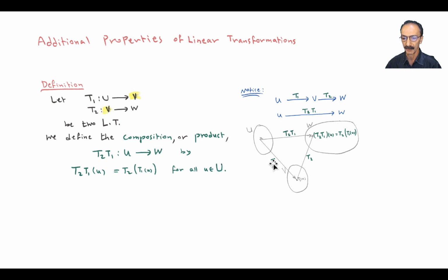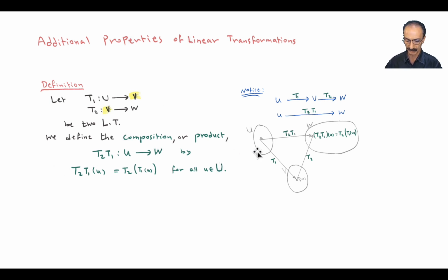Through T1, they're going to go to T1 of u. If you take this as an input and you apply the second transformation T2, we get T2 of T1 of u, which is the product T2 T1 of u. Notice right here, you could call it a shortcut. We're going directly from U to W, and it's called T2 T1.